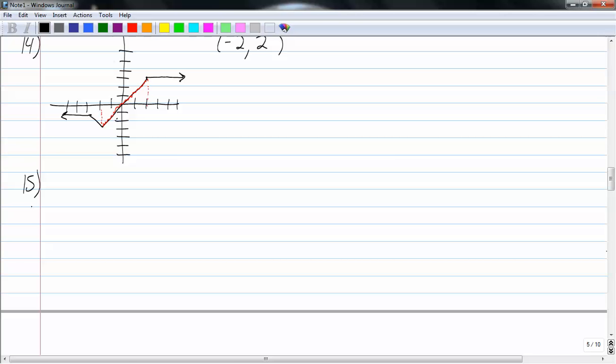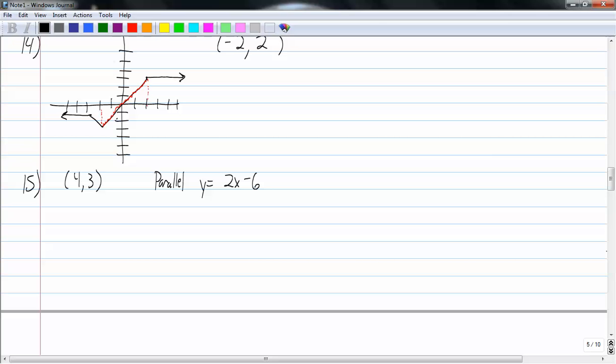Number 15. Use the given conditions to write an equation for the line in the indicated form. Passing through 4, 3 and parallel to y equals 2x minus 6.